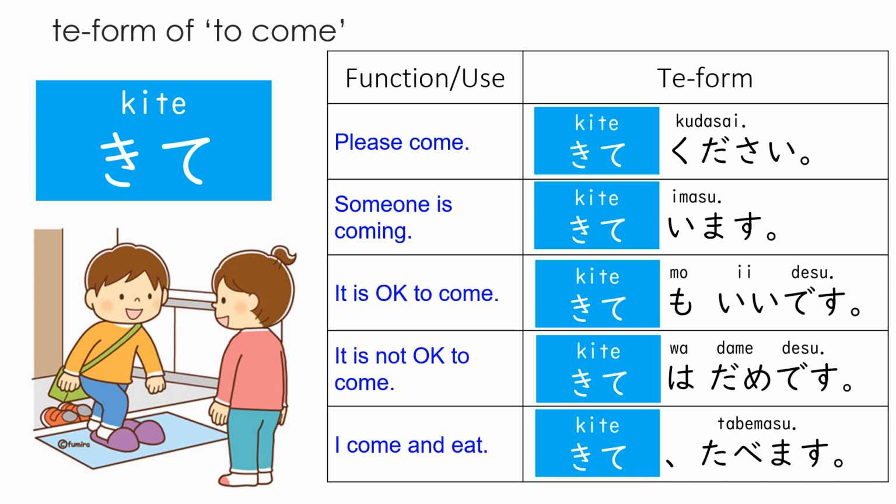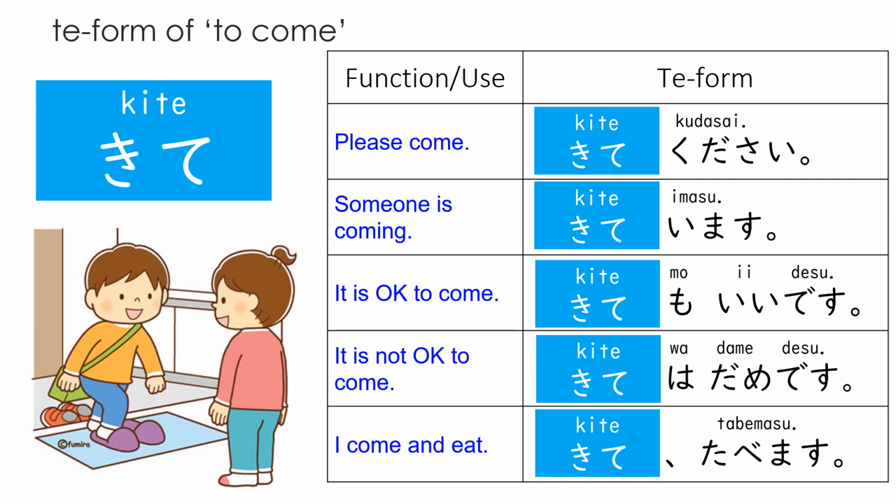It is not okay to come. 来てはダメです. I come and eat. 来て食べます. Okay, so from the top. 来てください。来ています。来てもいいです。来てはダメです。来て食べます。Okay?